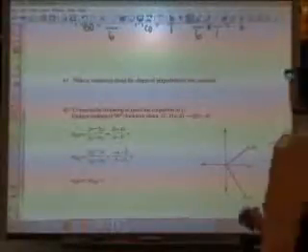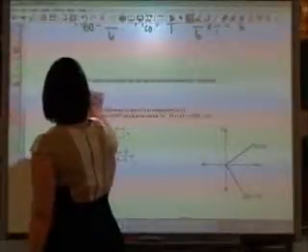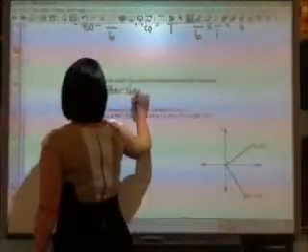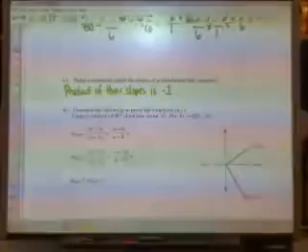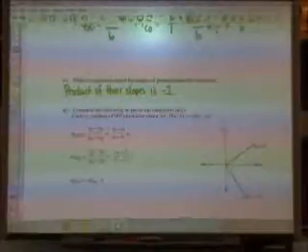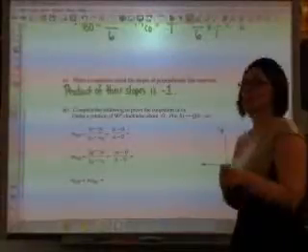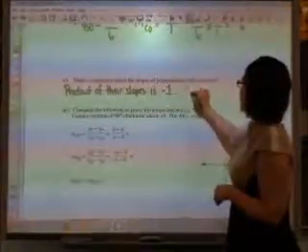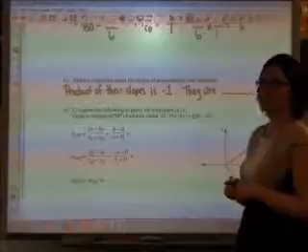Okay, so the product of their slopes is -1. And then what can I say about the pattern? So Jonathan, you would use the word reciprocals. I'm going to put a blank in front of reciprocals.